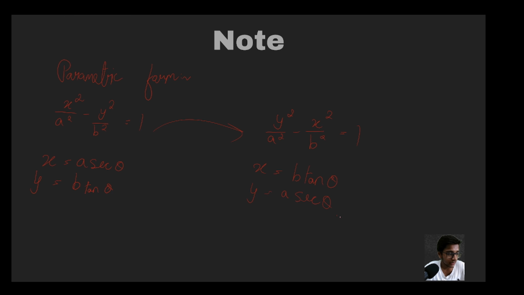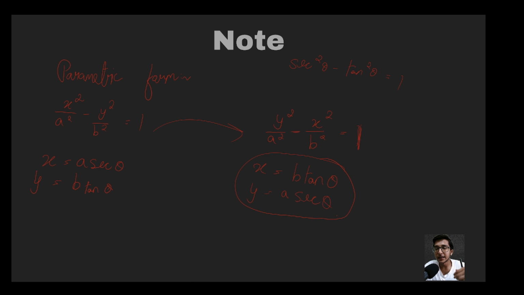Now the concept that I wanted to tell you here is that you have to assume x and y in terms of theta in such a way that, since there is a minus sign here and we know it is equal to 1 and there will be a square term, it should be sec square theta minus tan square theta. This would be equal to 1.